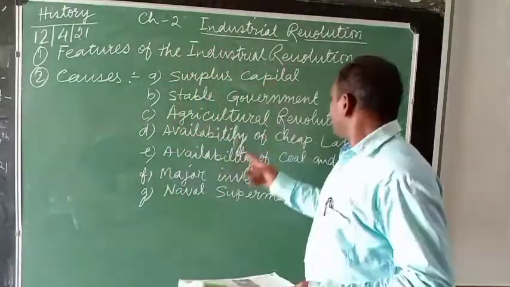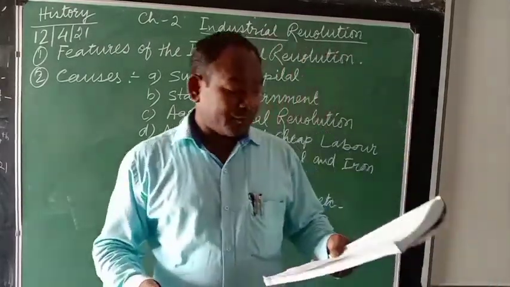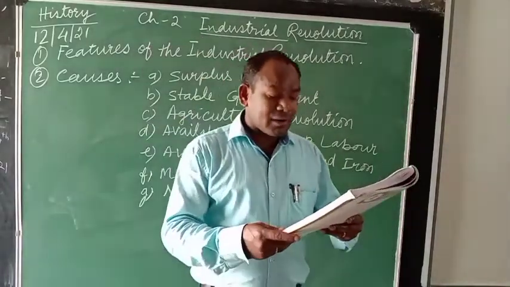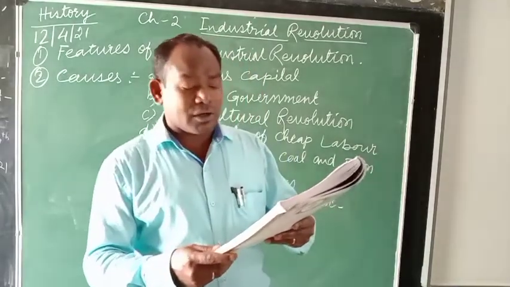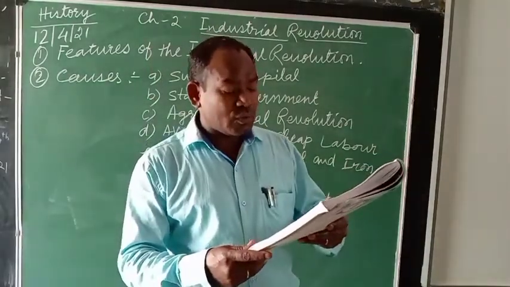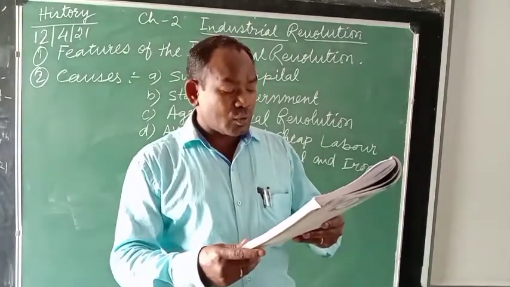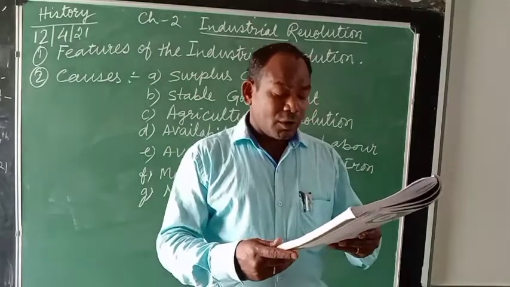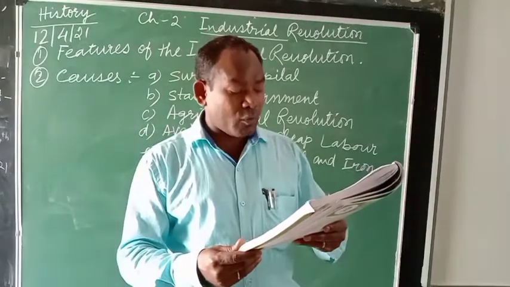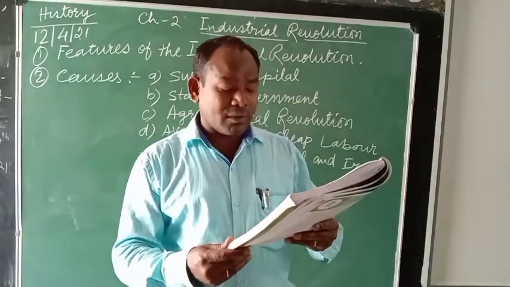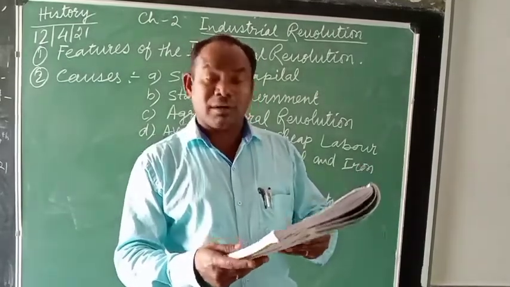Third, agricultural revolution. There was an agricultural revolution that preceded the Industrial Revolution. This was due to the consolidation of landholders through the enclosures, improvement in agricultural methods such as rotation of crops and the introduction of new farming machinery which increased agricultural production.